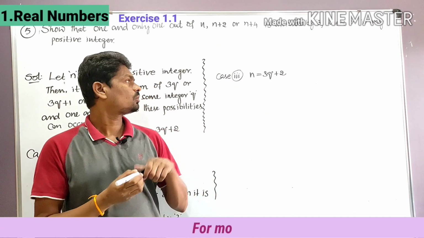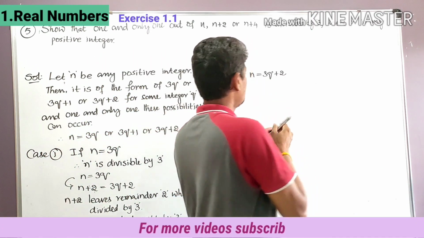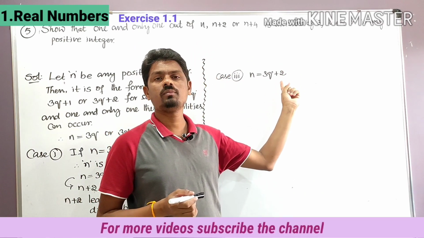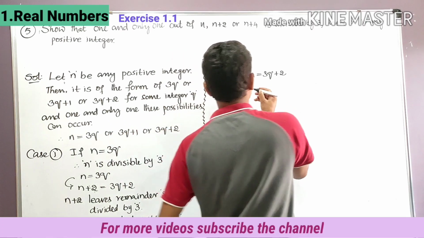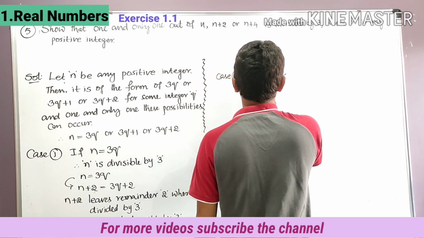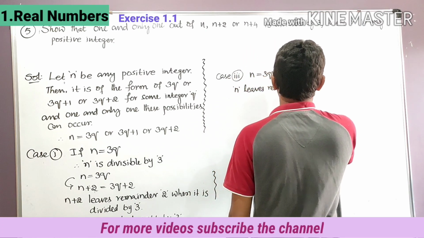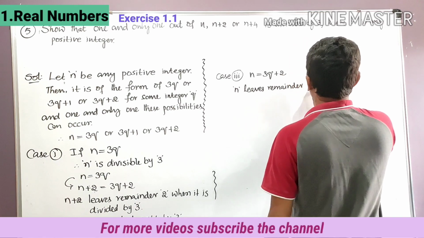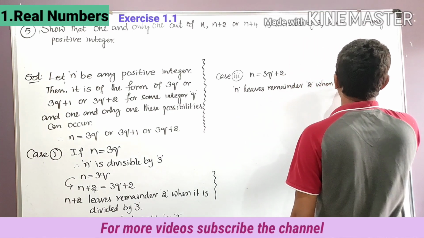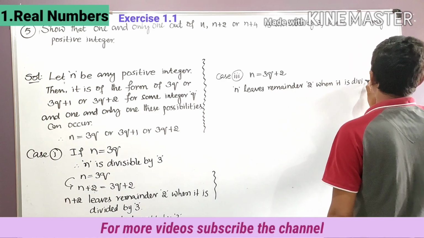So in case 3, if n is equal to 3q plus 2, n leaves remainder 2 when it is divided by 3.